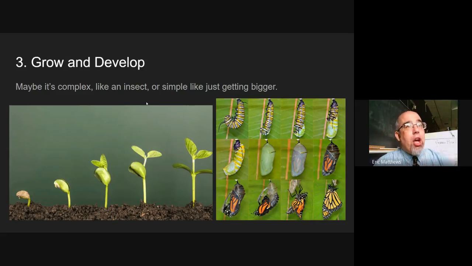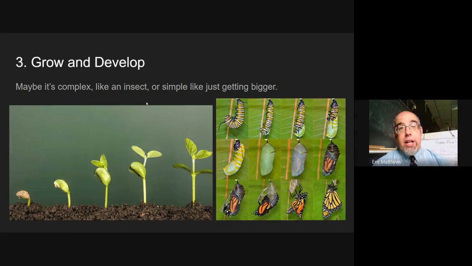All living things must grow and develop in some way. On the left here, you see a plant growing. And throughout that plant's life, it's really not going to change a whole lot. It's just going to kind of get bigger with some more leaves. That's a pretty simple growth and development, but it still qualifies.